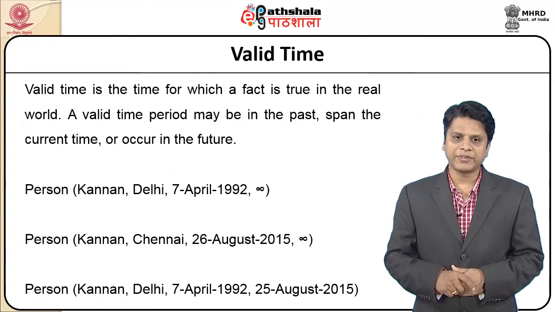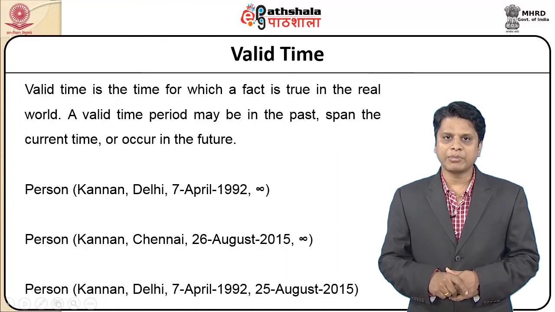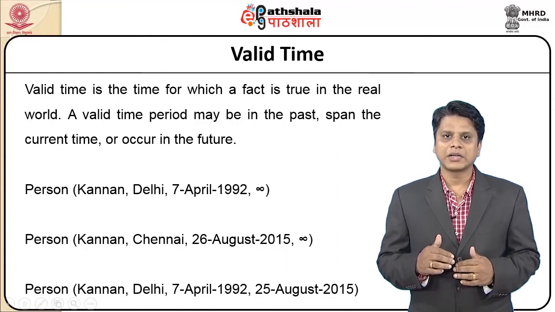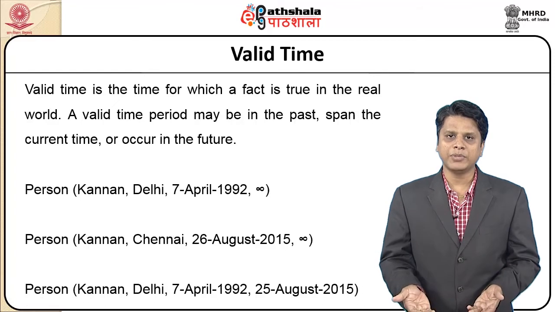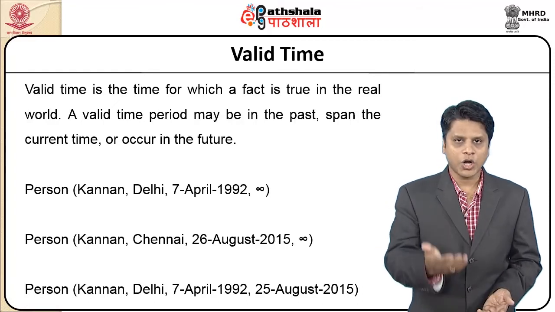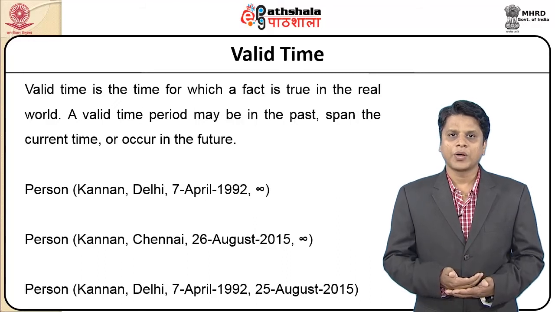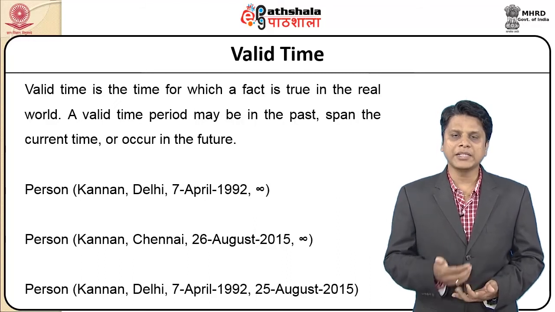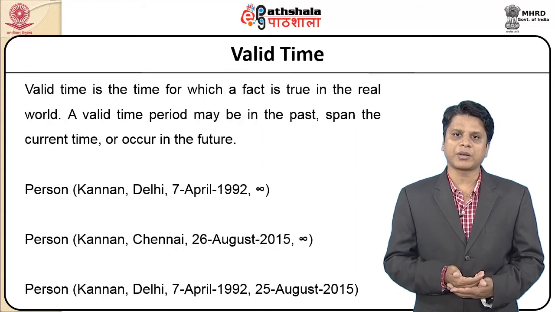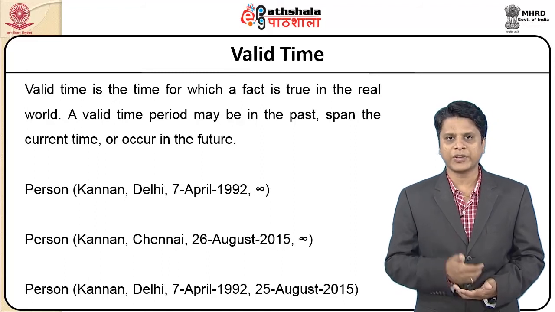What I am trying to say here is that a person named Kannan has now shifted his place from Delhi to Chennai. Delhi is not known. So, Chennai is his recent living place, and he has occupied this place from 26th August 2015 to infinity.